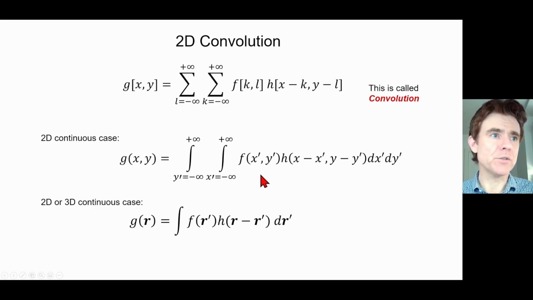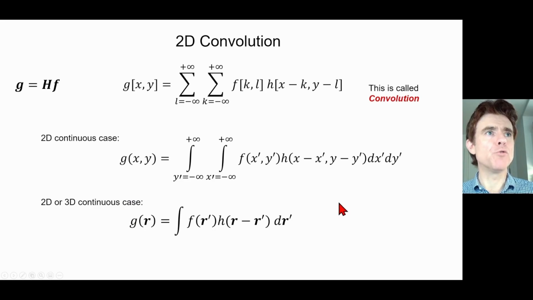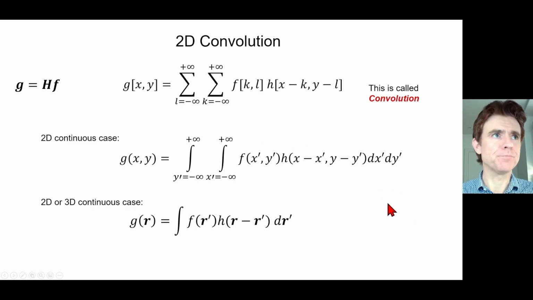And we could write that as a 3D version using vectors instead of component notation there, and so that's how we'd get this very simple form. But really, I hope I'll win you over in various other videos, not in this one, to say that this form here, when written in matrix vector form, is a really elegant and very powerful way of describing convolution, and matrix vector will be incredibly useful throughout your understanding of image reconstruction.